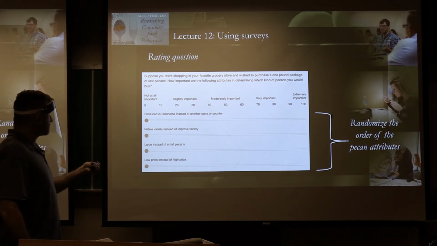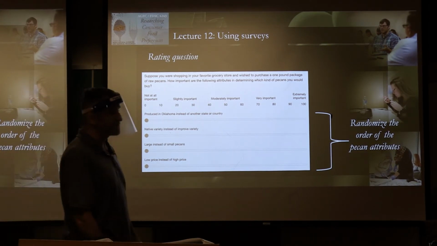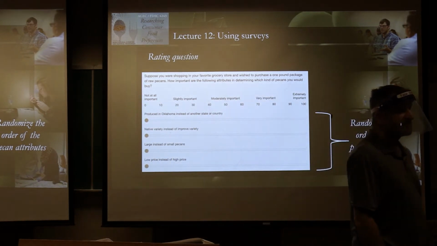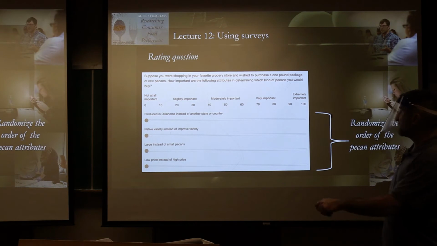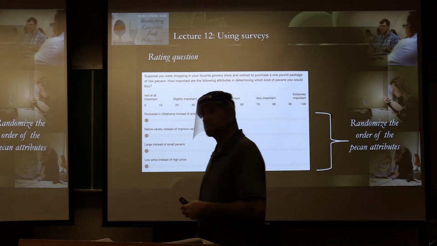And then we ask them just to increase this button until it gets to the actual importance of them for each attribute. And if they come here and if they give a really high score for native and a lower score for the other ones, well, that's telling you that it being a native variety is really important to them.